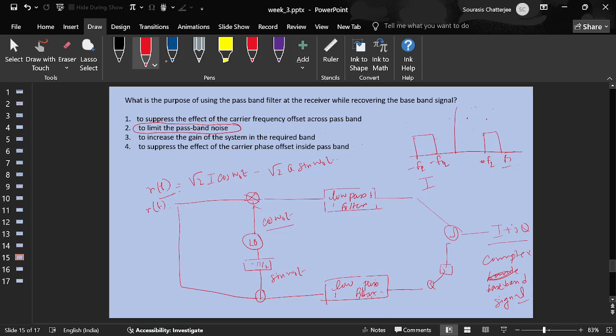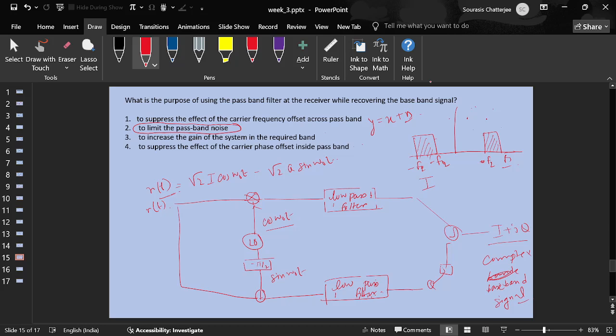Sir, didn't get what you are asking. Okay, I'm asking if you received signal, let's say you received RF signal is something like y is equal to x plus n, right? So this x has this kind of spectrum and the signal is limited in these bands. So what is the necessity to pass this signal through a passband filter? The noise is already in that band only, right?